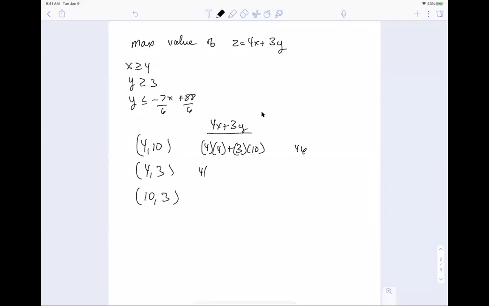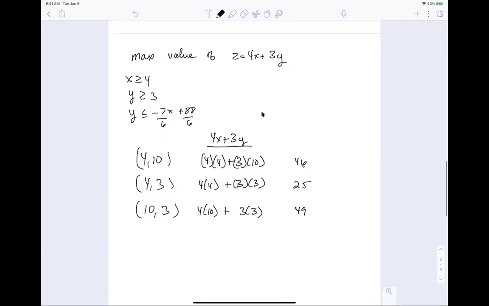Then I get 4 times 4 plus 3 times 3. So 16 plus 9, I get a value of 25. Then I have 4 times 10 plus 3 times 3. And I get 40 plus 9, I have 49. And the question in ALEKS asks for the max value, which will be 49.